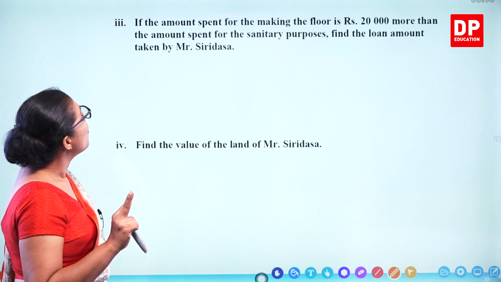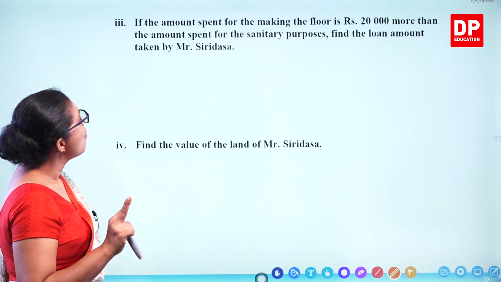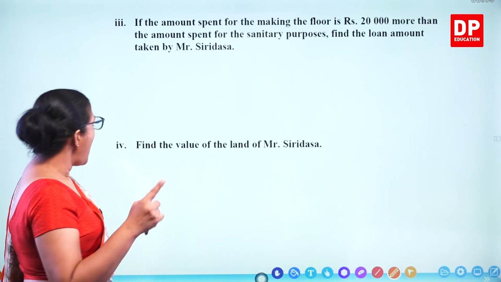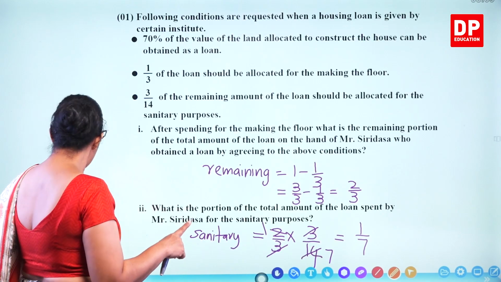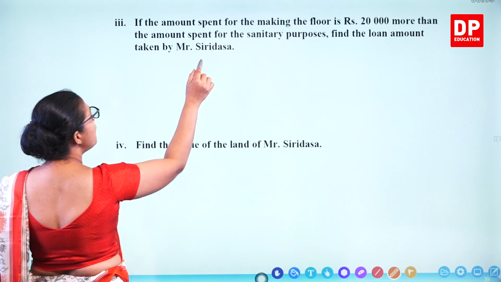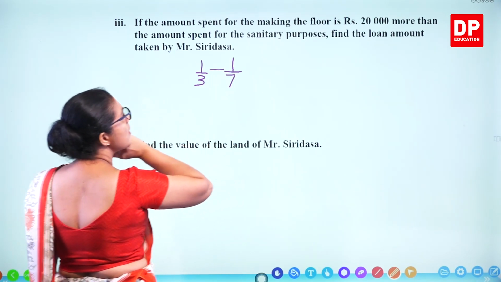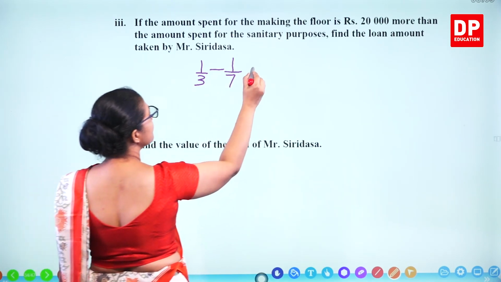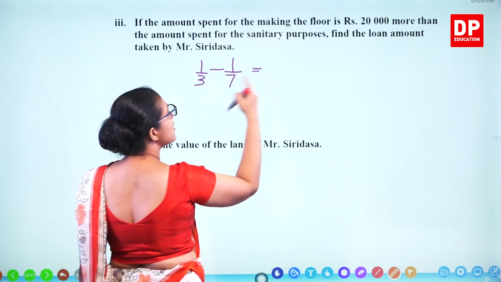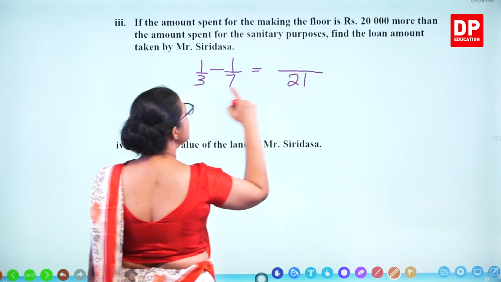So 1/3 for the flow and sanitary 1/7. So the difference is 20,000. So what's the common denominator? 21.